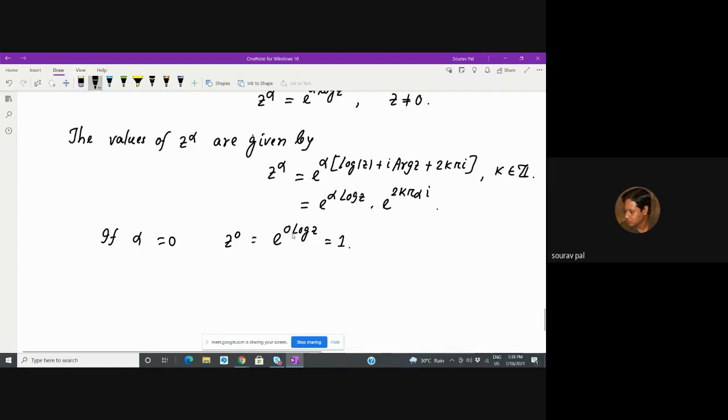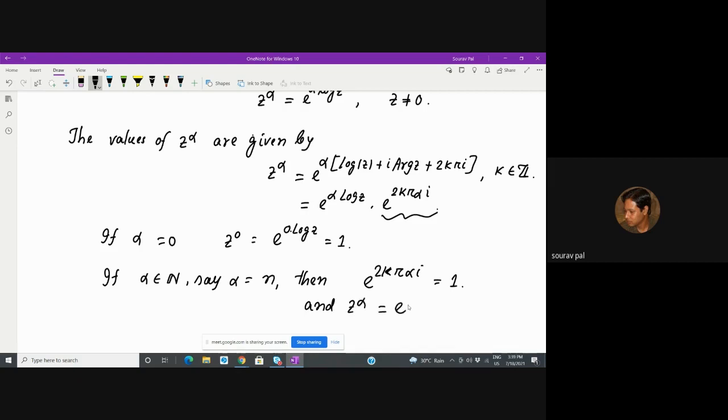Now if alpha is a positive integer, say alpha is equal to n, then what do we have? E to the 2k pi alpha i is equal to 1. Do you agree? Accordingly, z to the alpha is equal to e to the n log z.